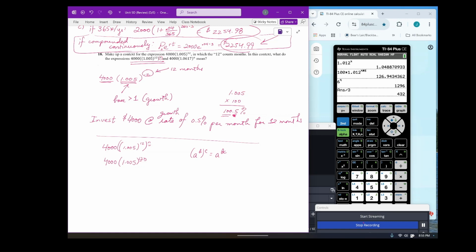So this right here is really saying you're investing $4,000 at a growth rate of 0.5% per month for n years, right?